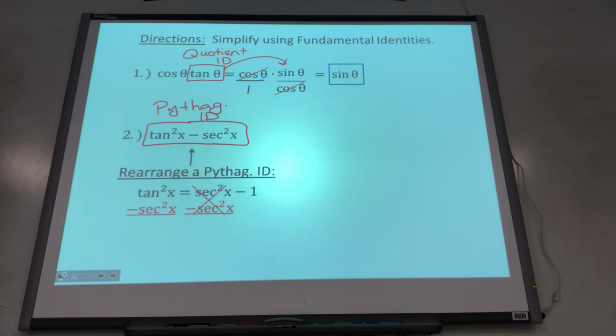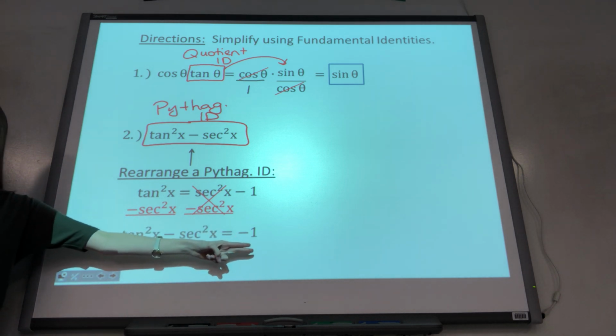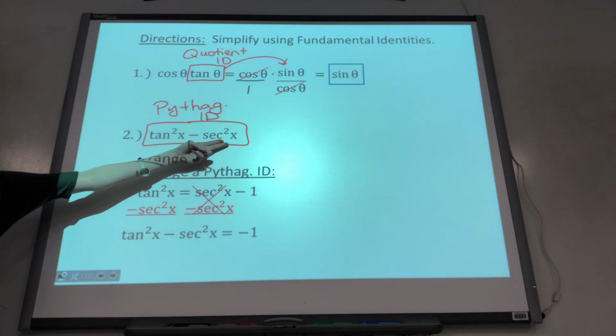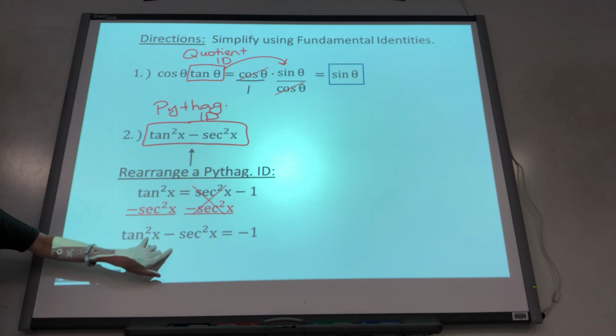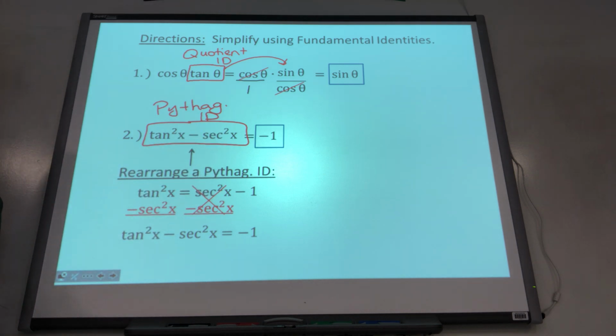Subtract secant squared. You can do that with any of your Pythagorean identities. Now it says tangent squared minus secant squared equals -1. And that's all we need because we have tangent squared minus secant squared, so it's just going to equal -1.